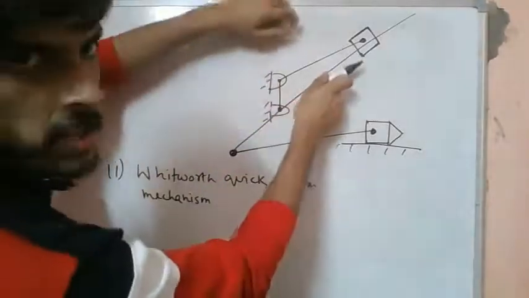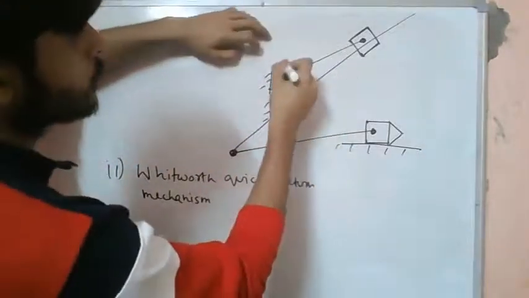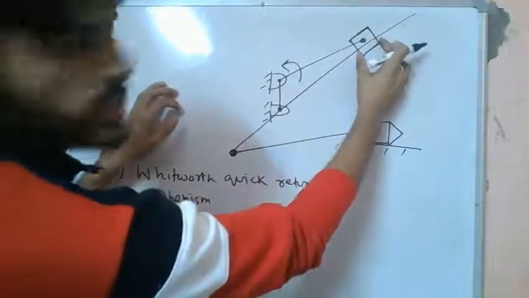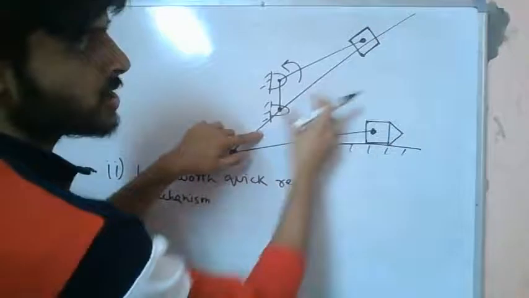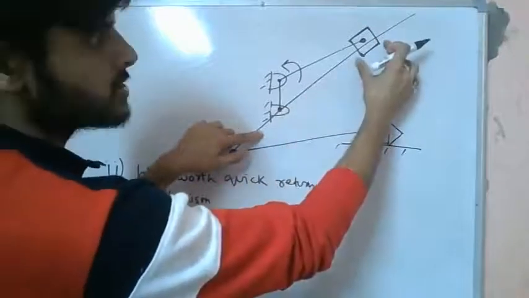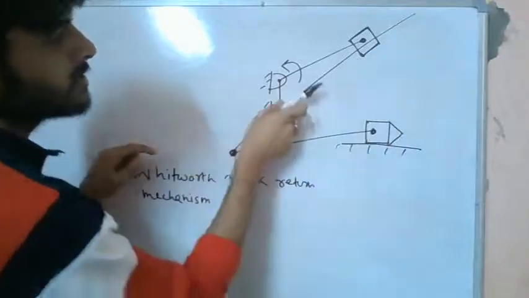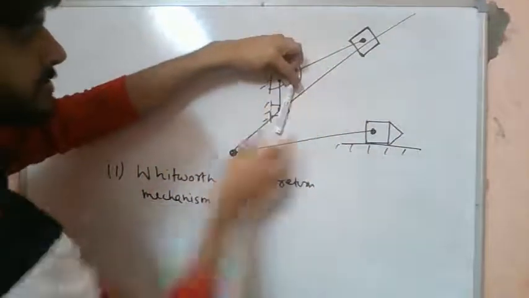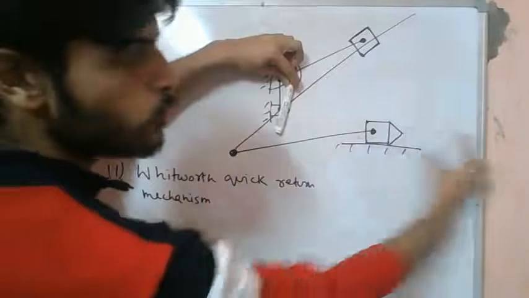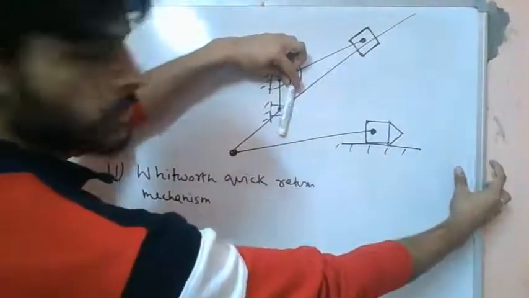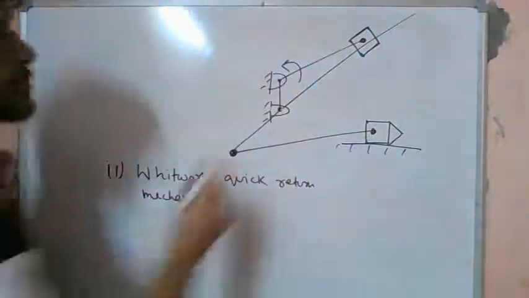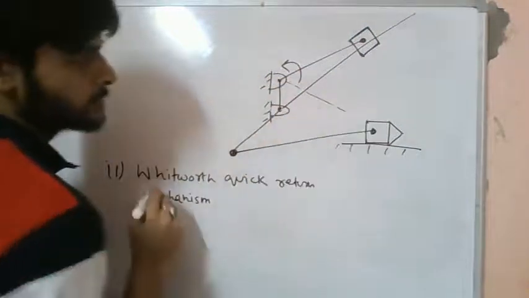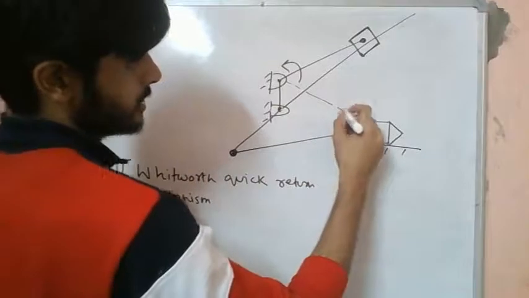This is the longest link. As this link keeps on rotating like this, the slider slides relative to this longest link, and this link can rotate about this point. So as this link rotates, one will push this, and this tool will move forward. So the extreme conditions of this are when this slider reaches this point.